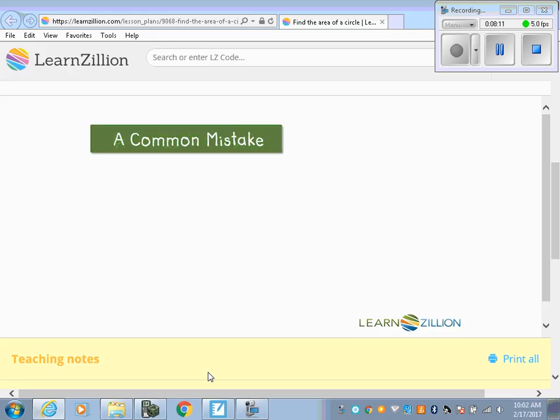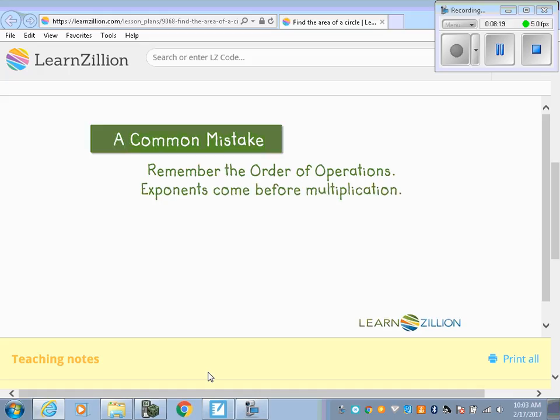Let's take a look at a common mistake. Remember the order of operations. Exponents come before multiplication. If I'm simplifying area equals 3.14 times 4 squared, if I'm incorrectly using the order of operations, then I may first do the multiplication and get area equals 12.56 squared, and then incorrectly get that area is equal to 157.7536.